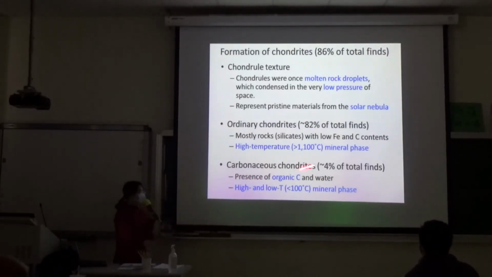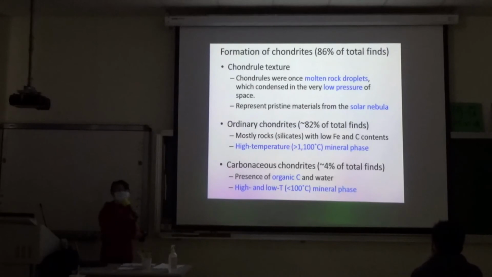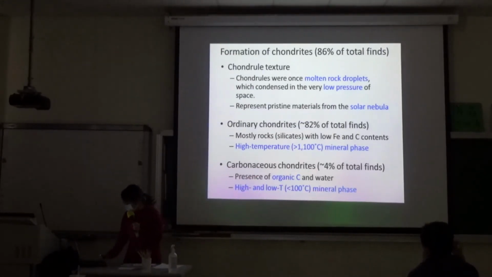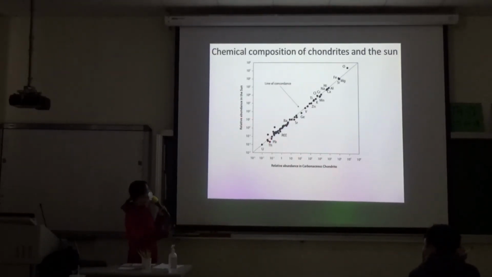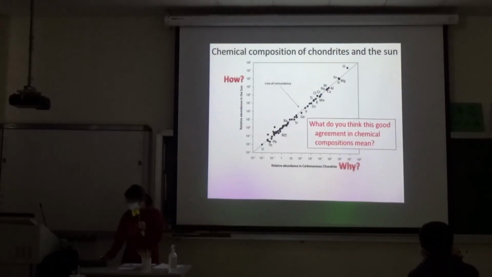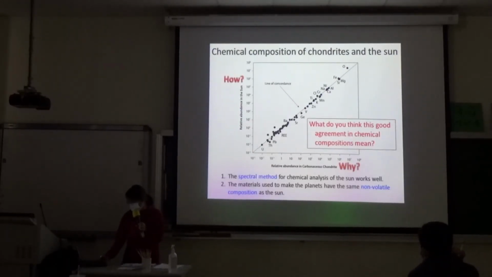In fact, scientists already found amino acids in carbonaceous chondrites. 他们有发现氨基酸. And they have high and low temperature mineral phases. And you see there's a good agreement between carbonaceous chondrites and the sun. I will skip this.